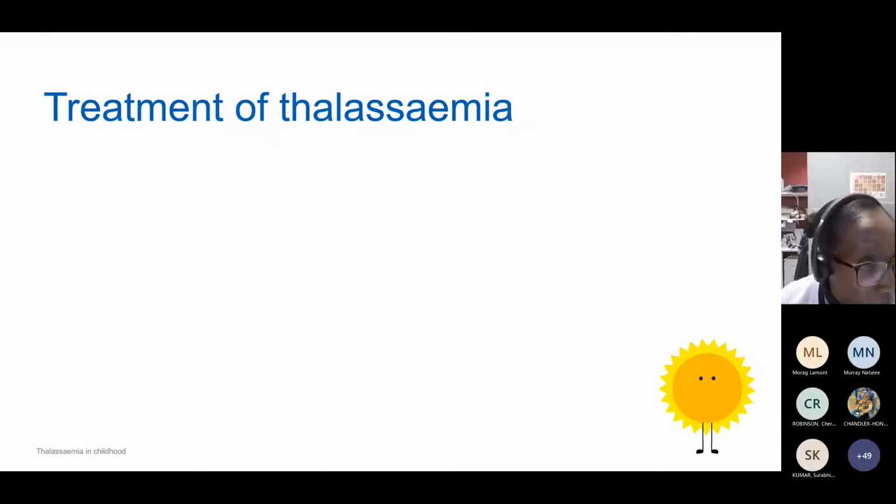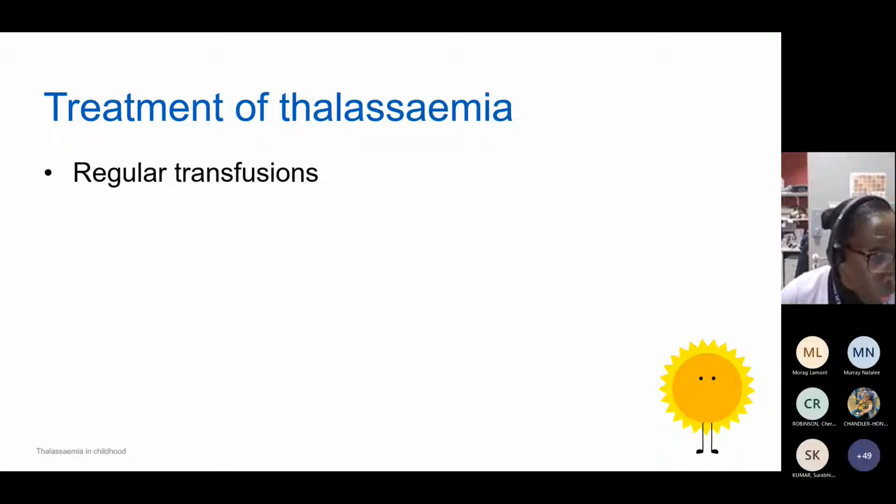So treatment for thalassemia, and I think I did dip in before, so you might have had a bit of this, but I will just say it because it goes together with talking about thalassemia. So regular transfusions, that is for the thalassemia major, and then it could be later on for the thalassemia intermediate, which we refer to as majors once they start transfusion, and iron chelation therapy.